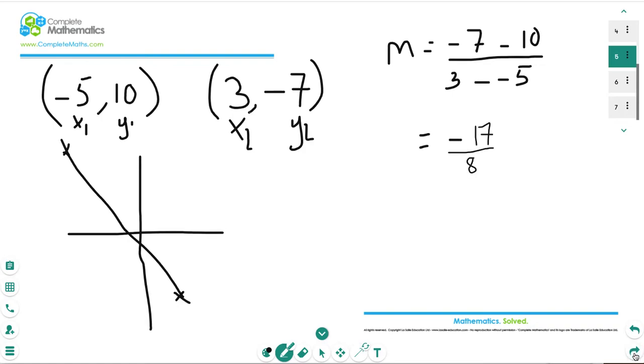We end up with minus 17 over 8. This looks a bit trickier than last time. Let's see if we can simplify that to a mixed number fraction of minus 2 and 1/8.